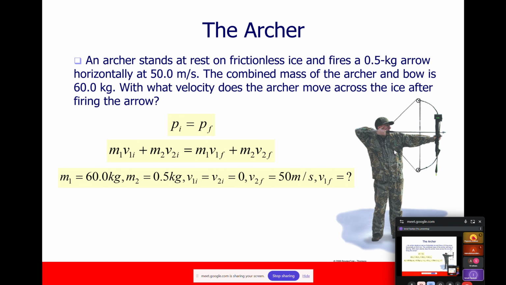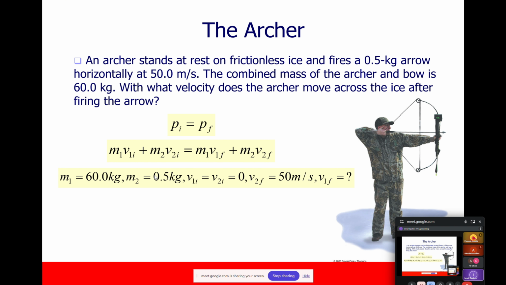So you now want to label which one is 1, which one is 2, which one you want to give M1, which one you want to give M2. Once you've assigned 1 and 2, you shouldn't make the mistake with their velocities as well. u1 should be for 1, u2 should be for 2, v1 should be for object 1, and v2 should be for object 2.